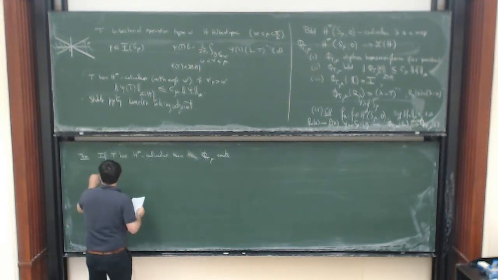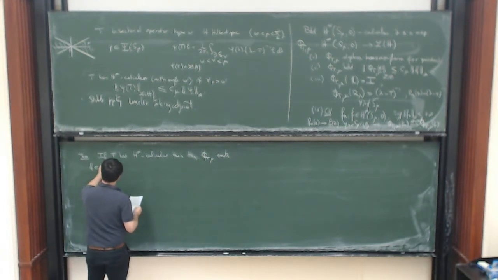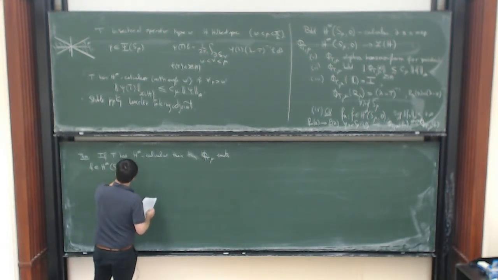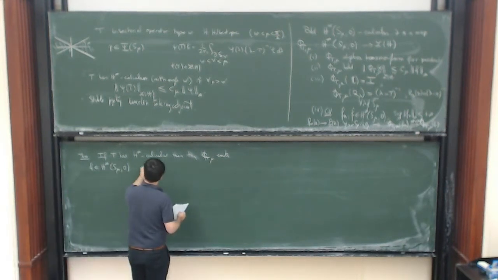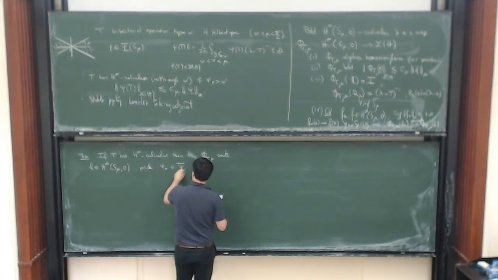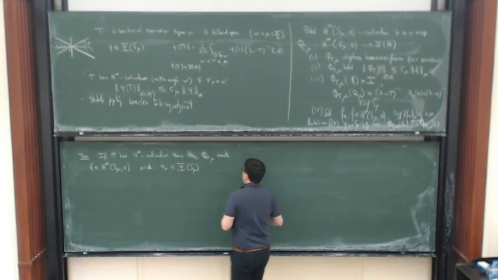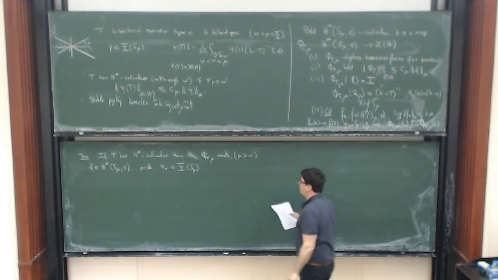And how is it defined? For F, which is a bounded holomorphic function on S mu union 0, how do you define it? You pick psi n, which is in this class psi of S mu, where I should mention that mu is going to be bigger than omega here.